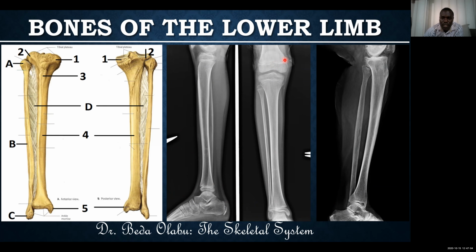So that's a growth plate, as opposed to this one, which is mature. The projection of the tibia down is called the medial malleolus. The projection of the fibula down is called the lateral malleolus.